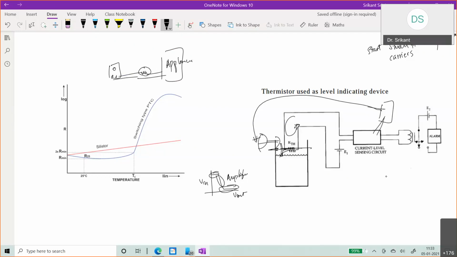Supposing there is large current or fluctuation and large current flows, then the current will create a heat proportional to I square R, the resistance of the thermistor times the square of the current. So when something like that happens, it will create a lot of heat, I square R. So when you exceed a certain temperature, then suddenly that resistance value will increase and the current will stop. It will become like a fuse or something like that. So these are all various applications of thermistor. Okay.